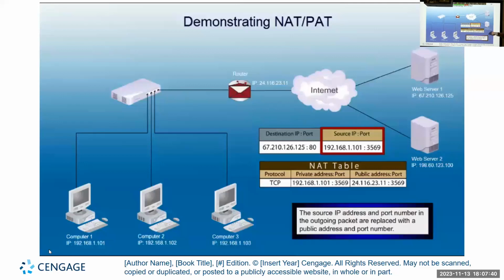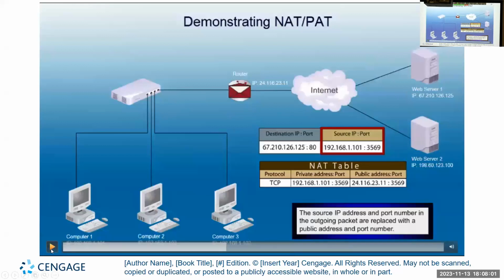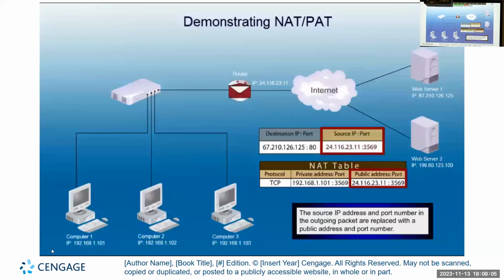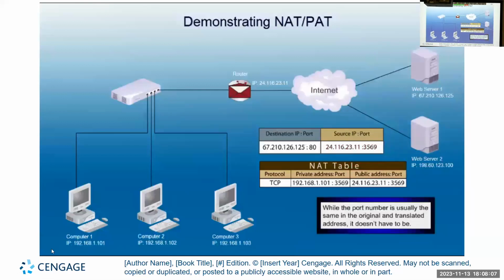In a large network, that port number could potentially already have been used in the NAT table, in which case it would use a random port number for the public address translation. Now the packet is suitable to go out onto the internet.